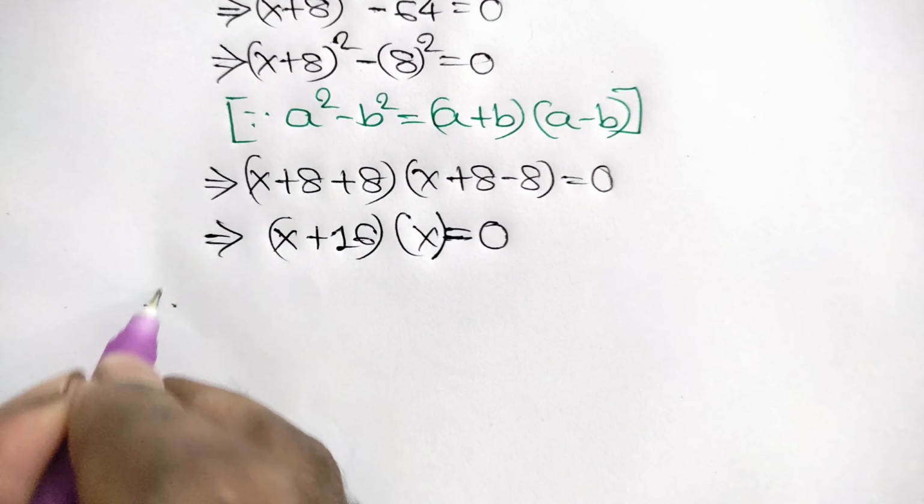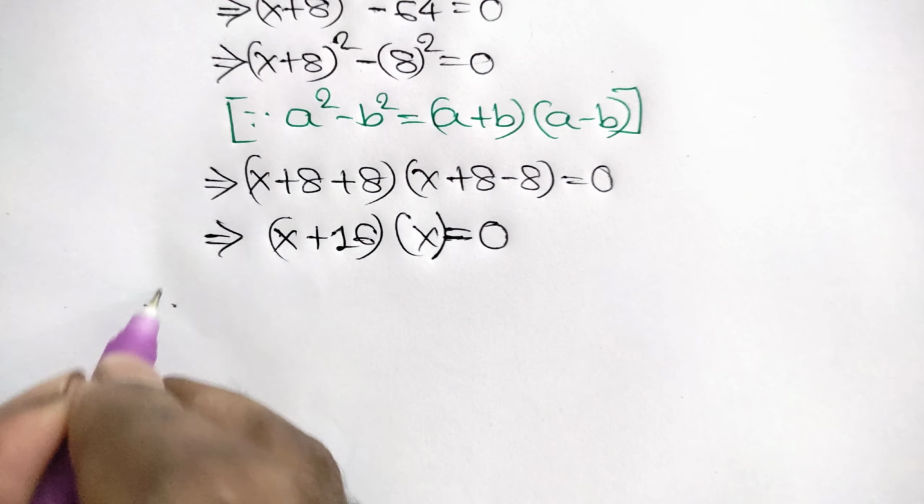Or x² + 2 times 8 is 16x + 8² is 64 = 64. Or x² + 16x + 64, taking this 64 to the left side we get −64 = 0, or x² + 16x, now this 64 cancels out, so here we will get 0. Now taking x common we will get x(x + 16) = 0.